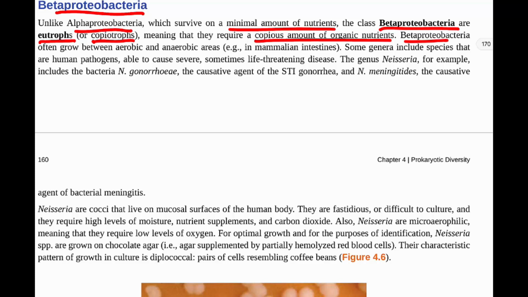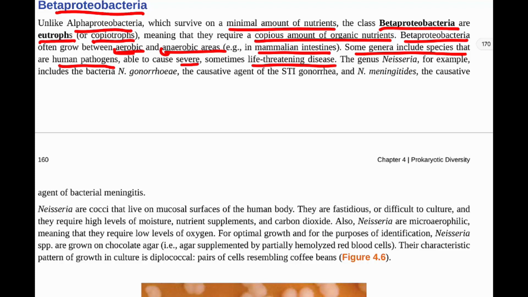Beta proteobacteria often grow between aerobic and anaerobic areas. So aerobic meaning has oxygen, and anaerobic, an meaning without oxygen. For example, in mammalian intestines. Some genera include species that are human pathogens, able to cause severe and sometimes life-threatening disease.